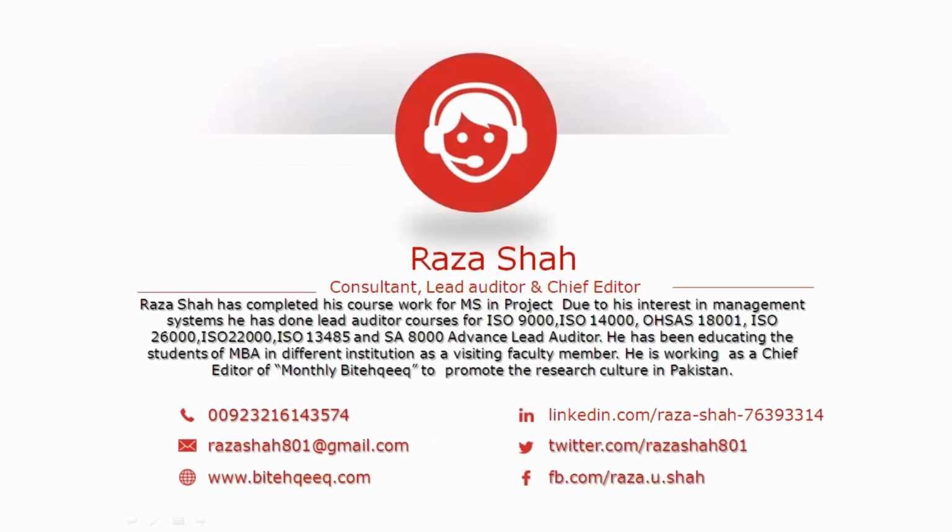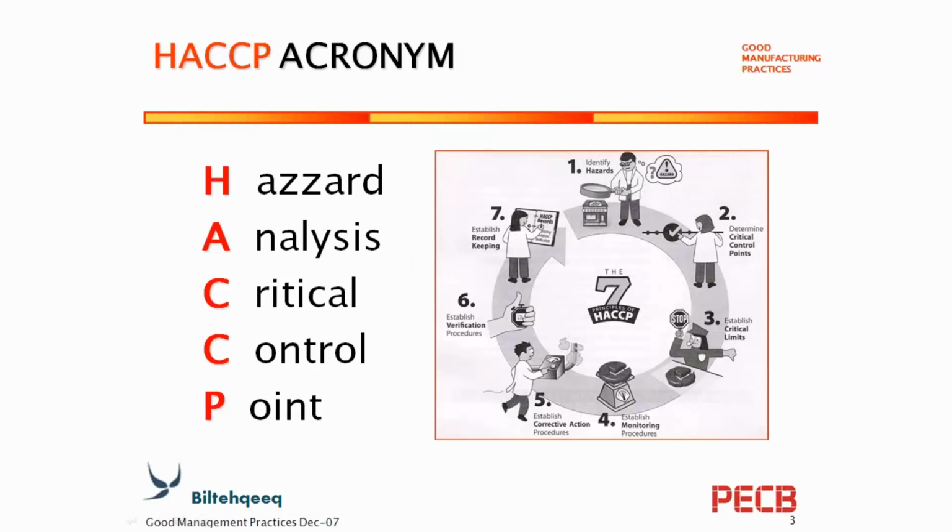So this good manufacturing practices is based on the very well-known concept of HACCP. It is hazard analysis and critical control point. You have to identify the hazards and then control them in a way that they do not disturb your supply chain and your food manufacturing practices.